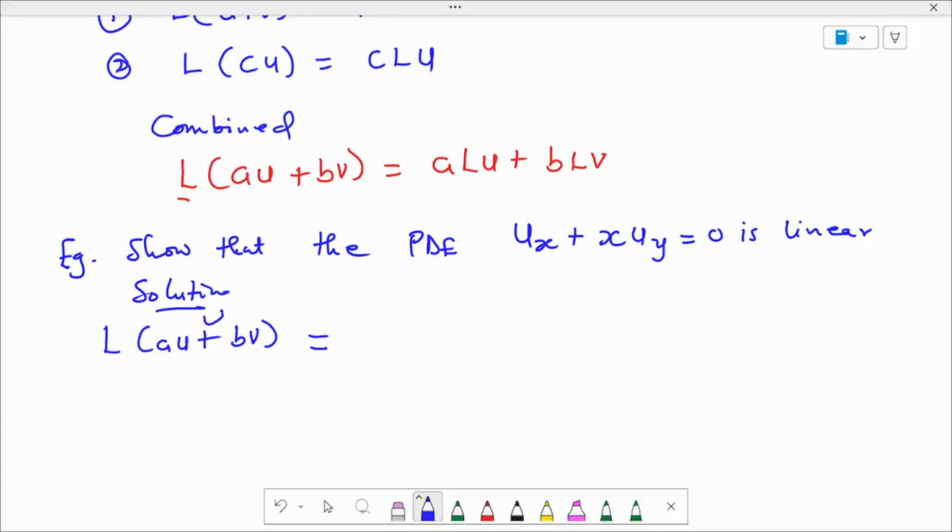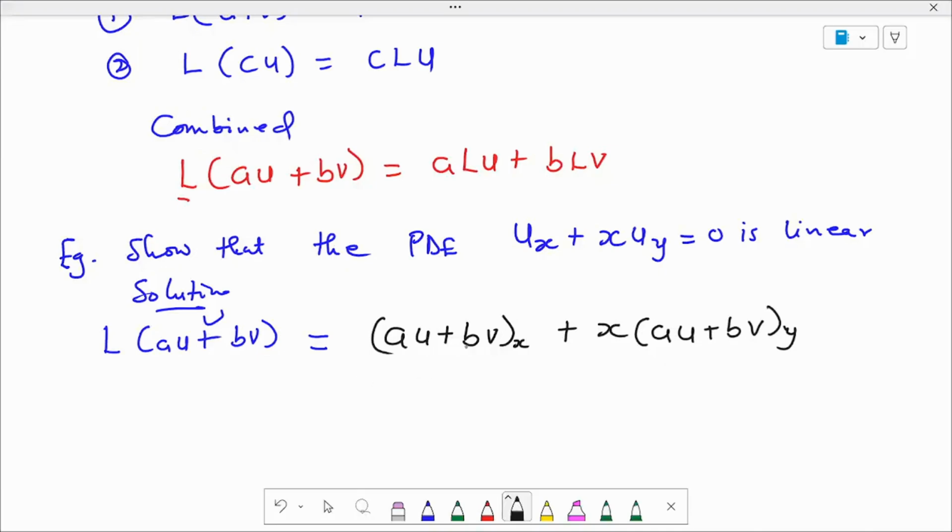The whole of this is our u, so everything that we see here, we substitute in place of u. So we have (au plus bv) multiplying the x, plus the same x outside, we have (au plus bv) with y down here.